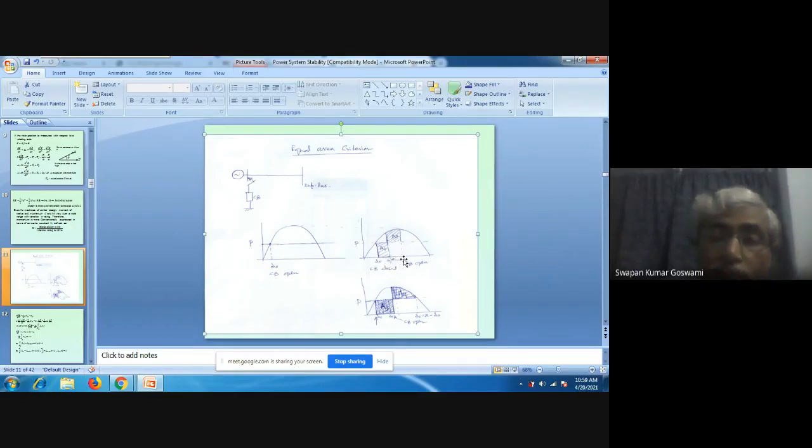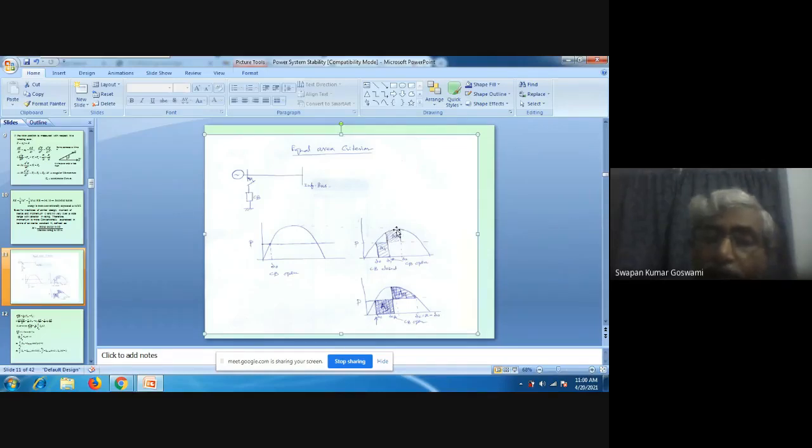Now let us concentrate on this region from delta 0 to delta 1 and then from delta 1 to delta 2. You see that here it has been shaded like this and this is given a name A1. Also above this power input line and below this power angle curve another area A2 we have marked here.